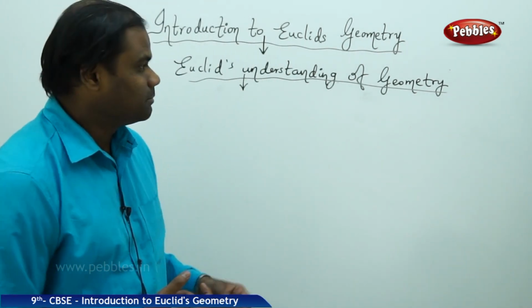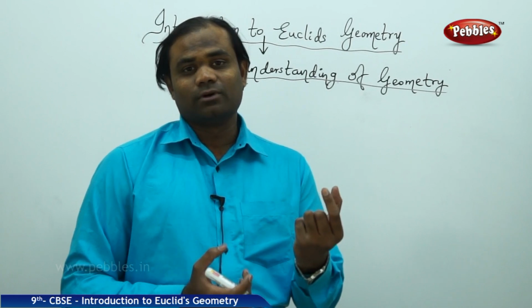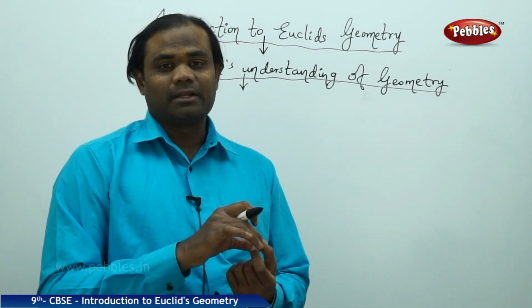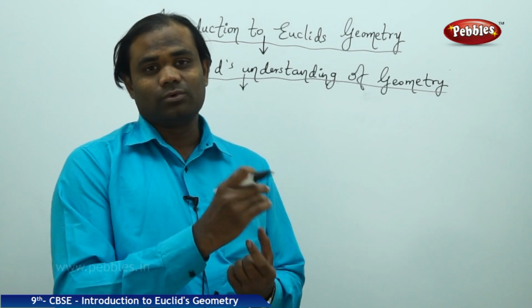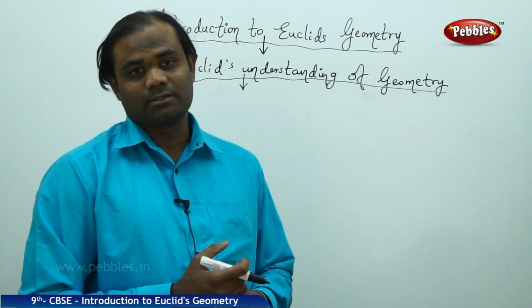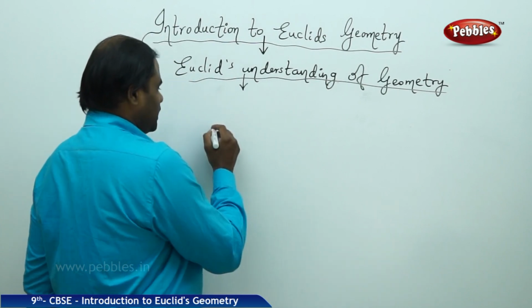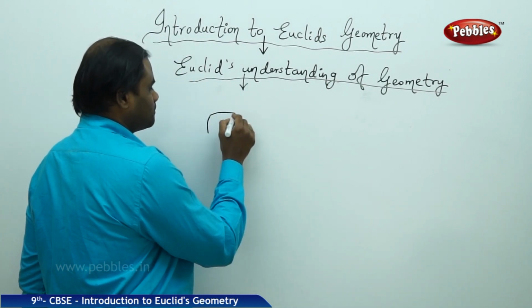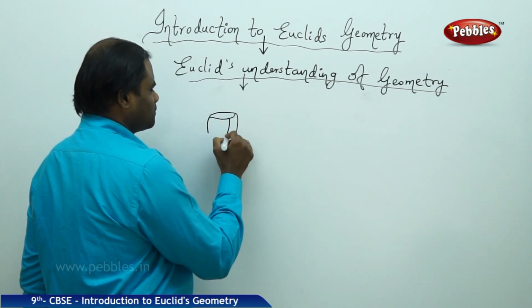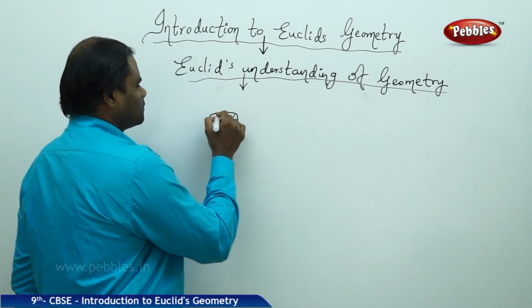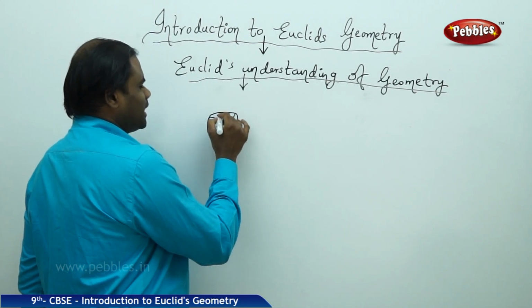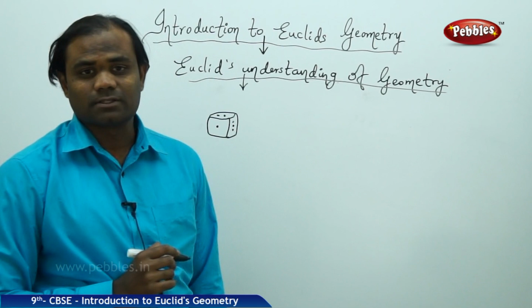For this, let me take an example of a cube to show how Euclid's geometry can be applied, or has been applied, through each of the developed contents. Imagine I have a cube or a die. We all know that a die has 6 faces.